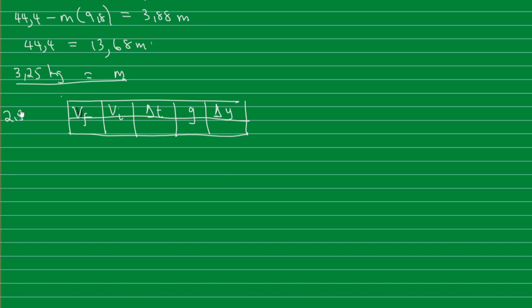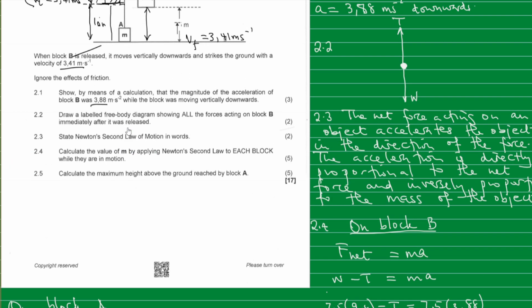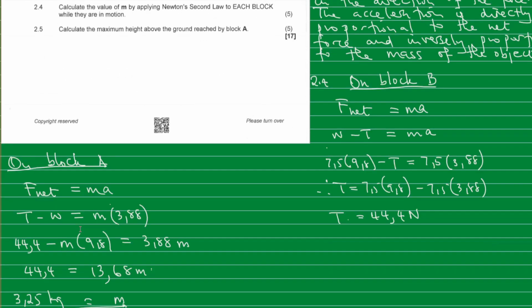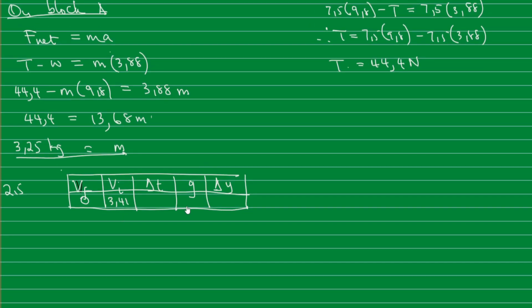The final velocity is 0. The initial is 3.41. It's moving upward, so it remains positive. Time we are not given, so put a dash there. g is 9.8, but it is acting downward, so it's negative. Displacement is our question mark.